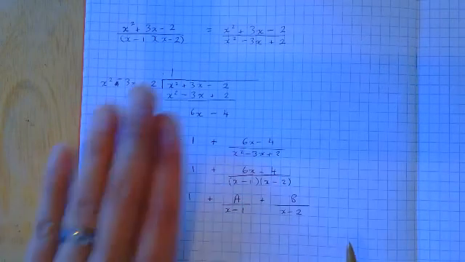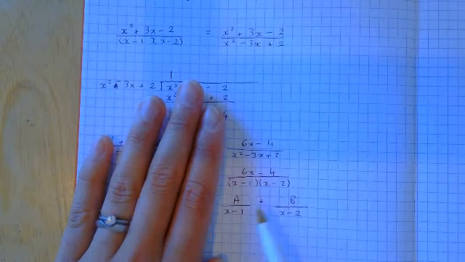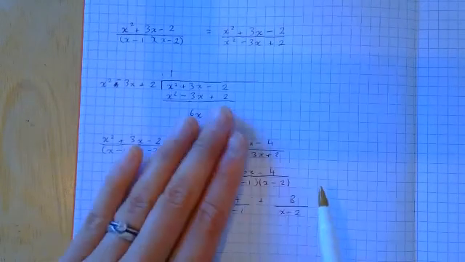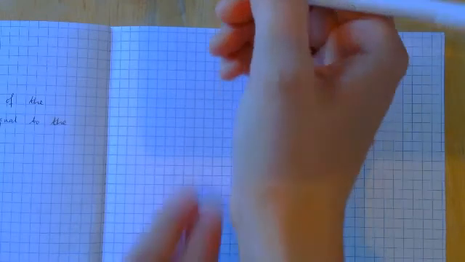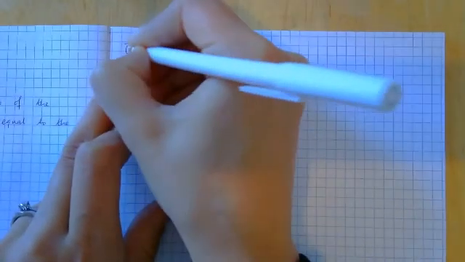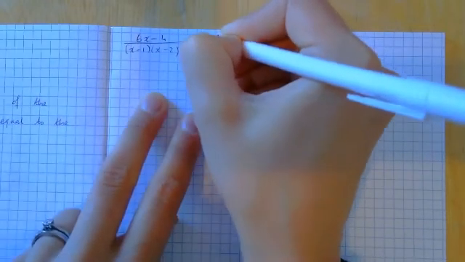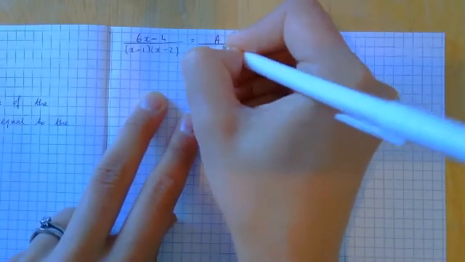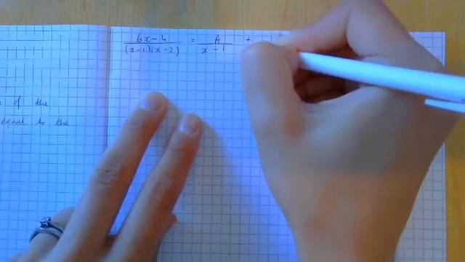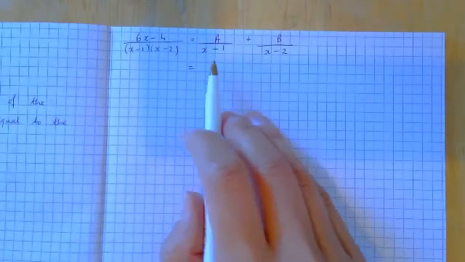So, what you might want to do now is ignore everything else, and we're just going to continue with this part here. Because the 1 is going to be there, I just need to work out this bit. So I think, in fact, I'm going to go up here, and I'm going to say that I need 6x minus 4 over those brackets to equal A over x minus 1 plus B over x minus 2.